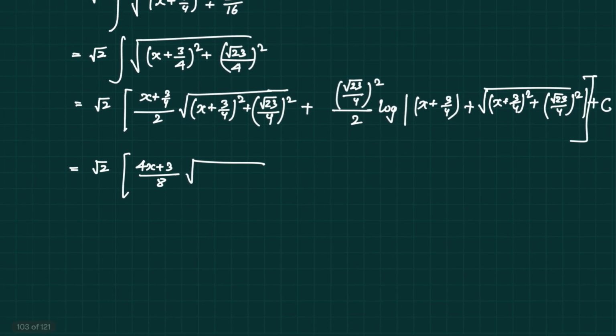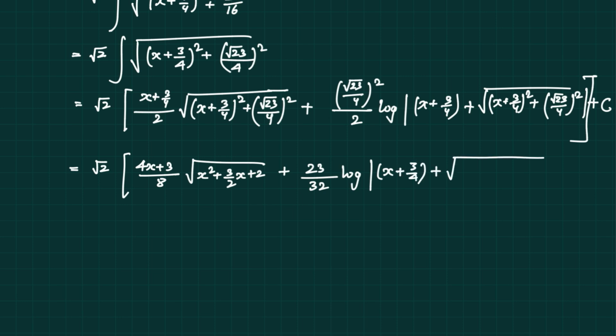So here we have, if you simplify then it will be x square plus 3 by 2x plus 2, plus 23 by 4 square, 16 into 2 is 32, log of x plus 3 by 4 plus this will also be x square plus 3 by 2x plus 2, plus c.